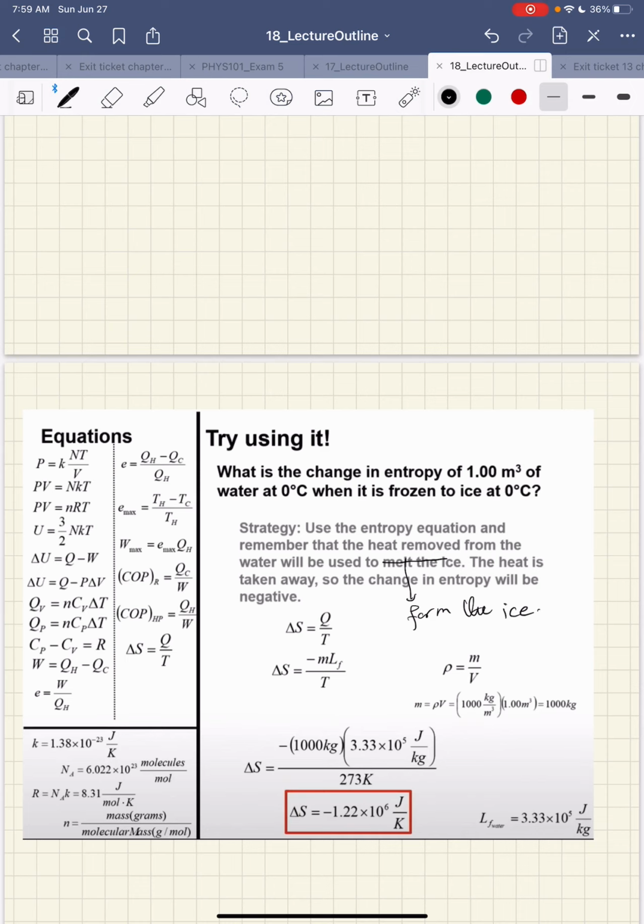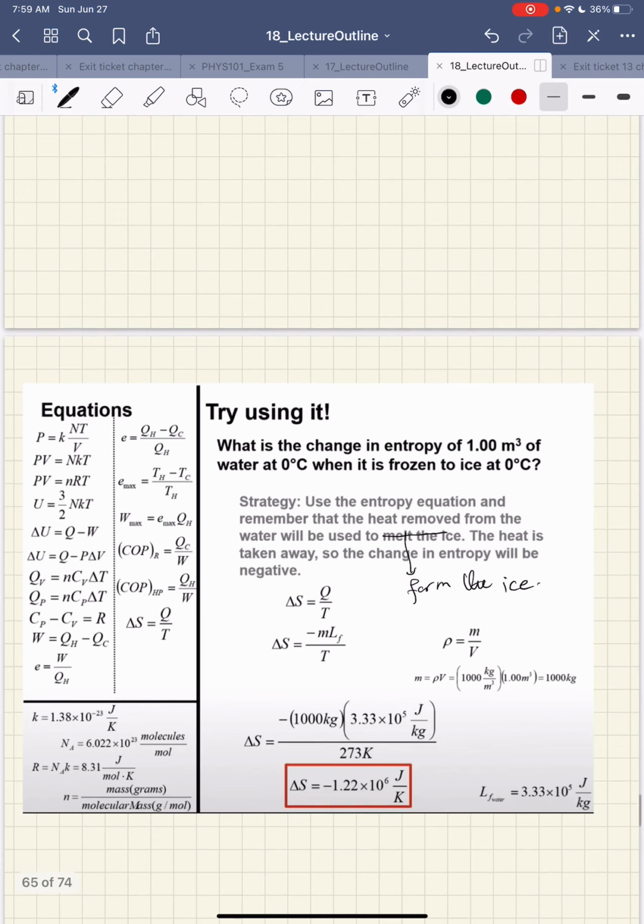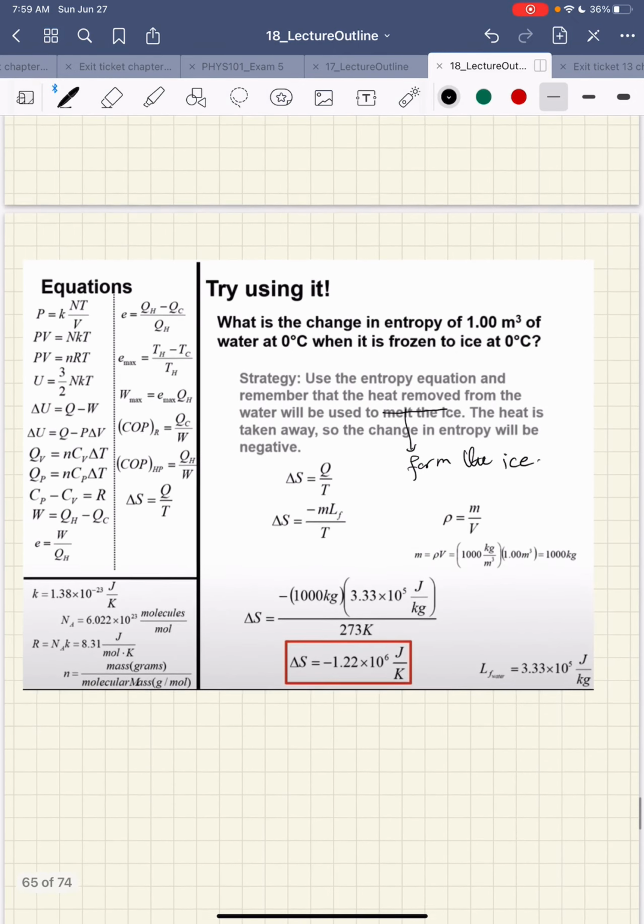The heat is taken away, then Q over T is going to be minus m times the latent heat of fusion divided by the temperature. We know that the mass is going to be rho times V, so I can calculate the mass. I know L_F, it's given here as a constant, and the temperature is 273 because it is 0 plus 273.